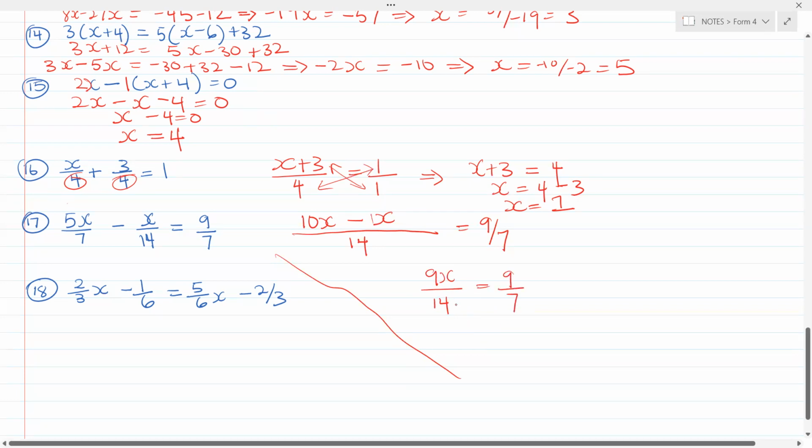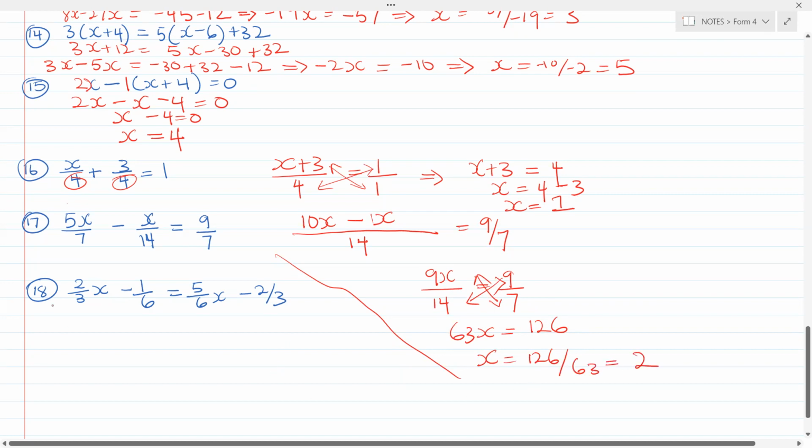We are back to the place where we have a fraction equal to another fraction and we cross multiply. So that's going to give me 63x is equal to 126. Yeah, 126. And x will now be equal to 126 over 63, which is 2.